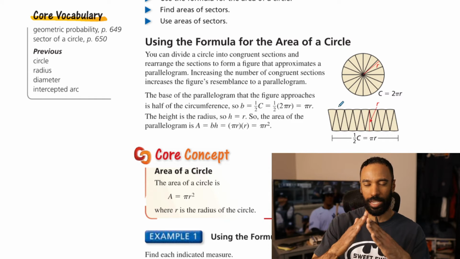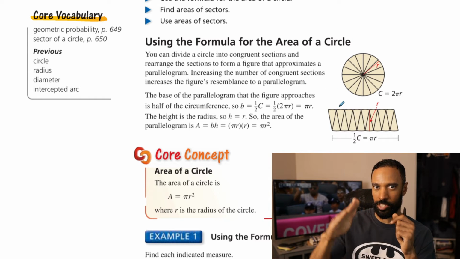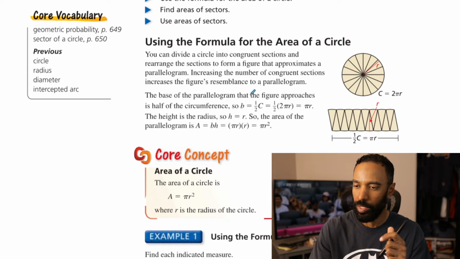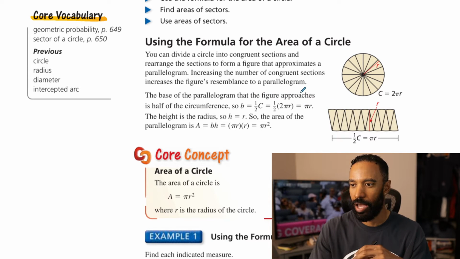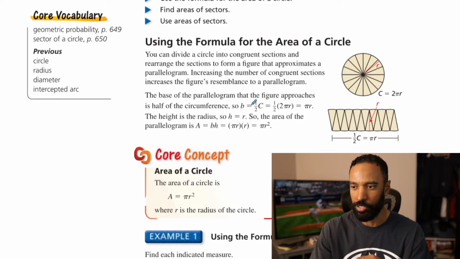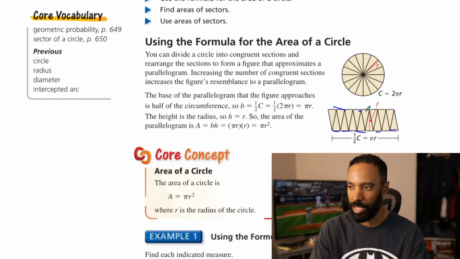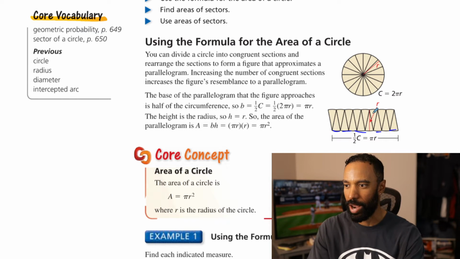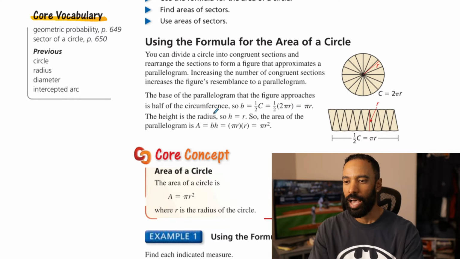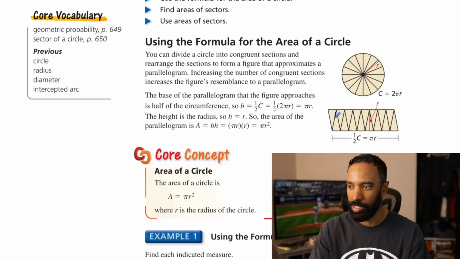So yeah, the more you cut this thing up, the more those thin slices aren't so curvy. The base of the parallelogram that the figure approaches is half of the circumference. So base is half of C, because the other part must be the other part of C, right? Here are half of them and here are the other half of them. Half the circumference, or half of pi times radius. The height is the radius as well. Yeah, any of these is the radius as well.